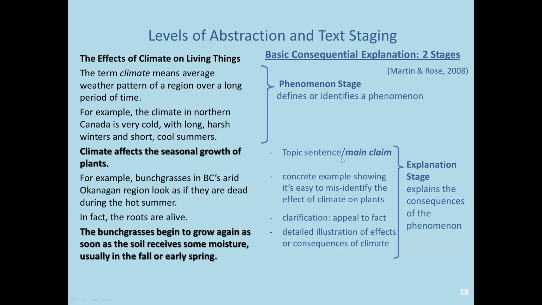So before we talked about the climate effects, the seasonal growth of plants is a topic sentence, and indeed it frames the explanation. And as we saw earlier, the bunch grasses sentence details the causal relationship with an example.